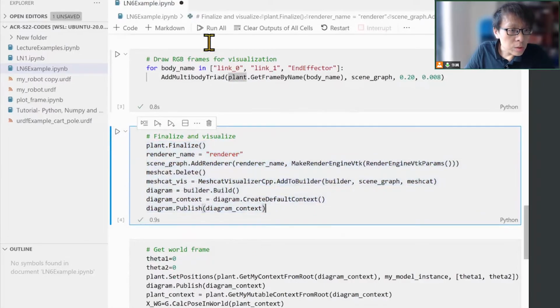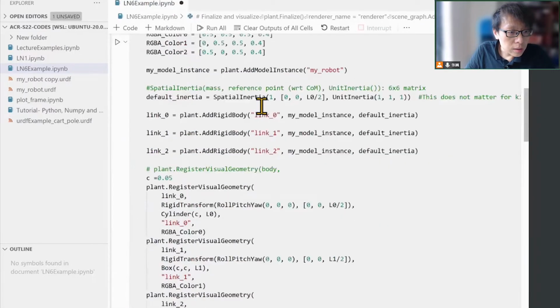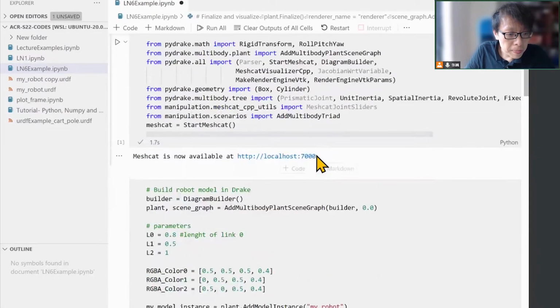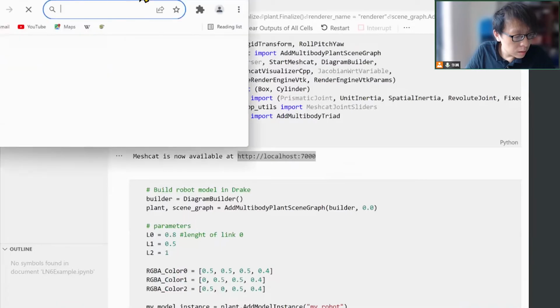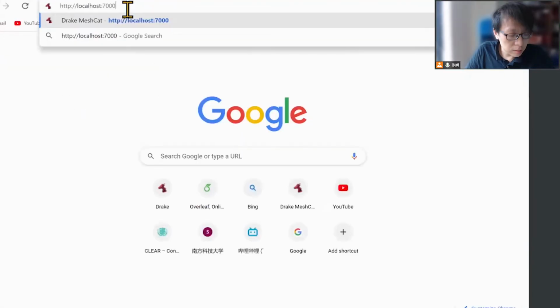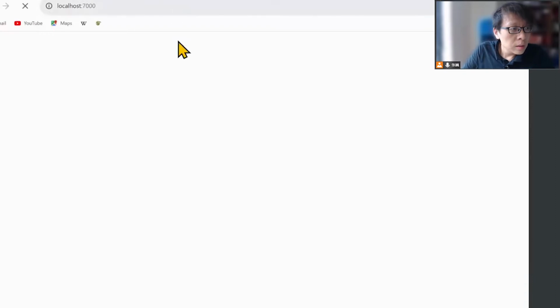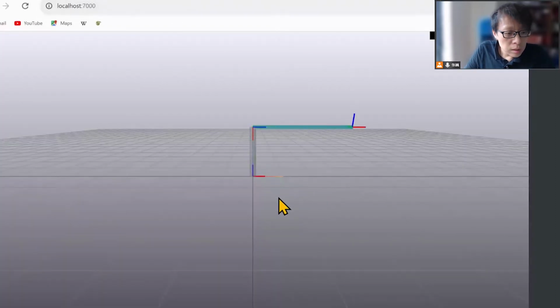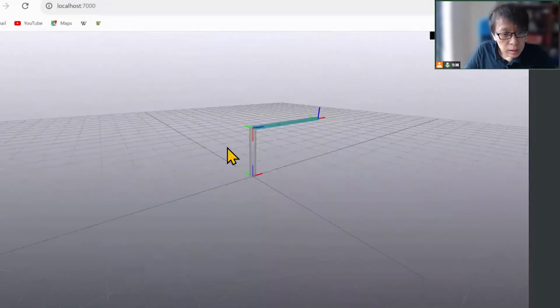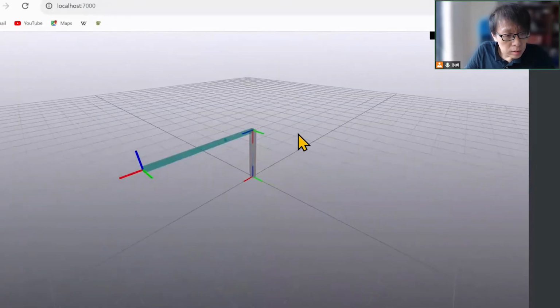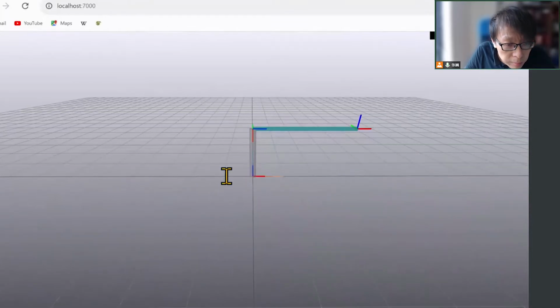Okay, so far, let's see. Hold on. Okay, that's our robot. Why are these two the same color? Let's see.